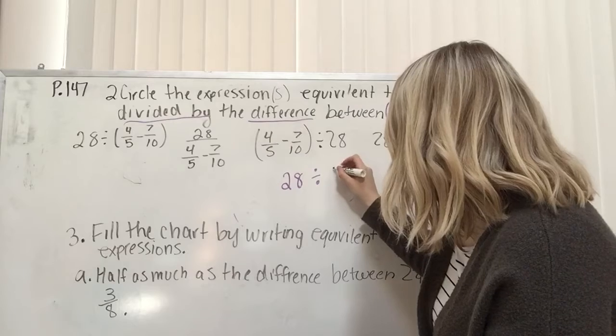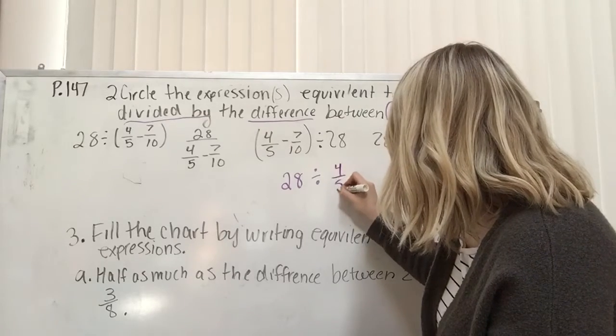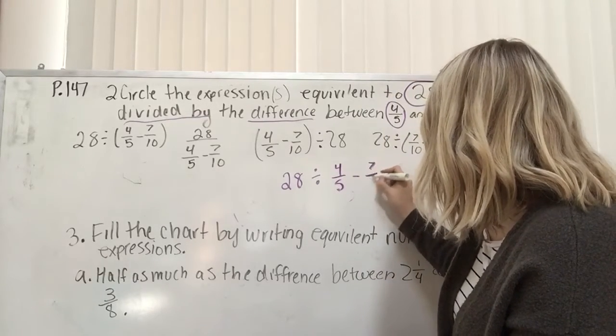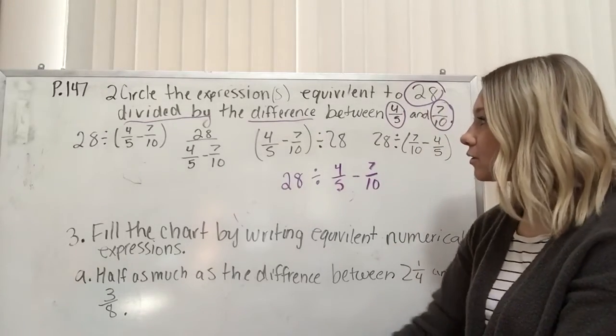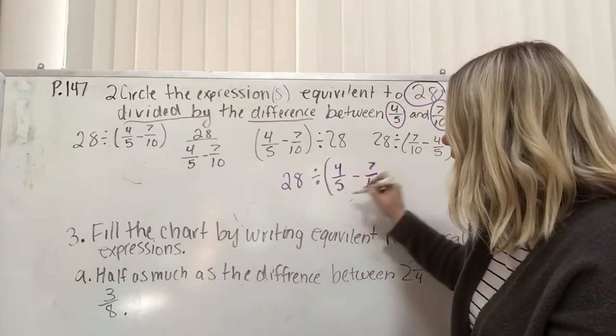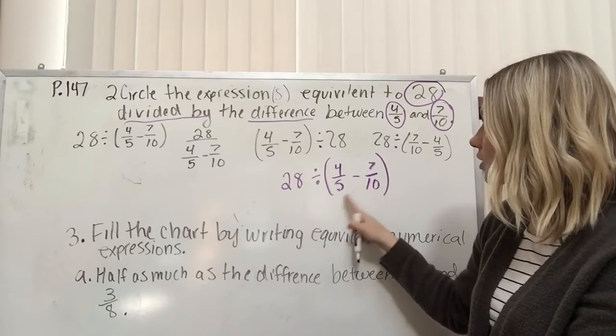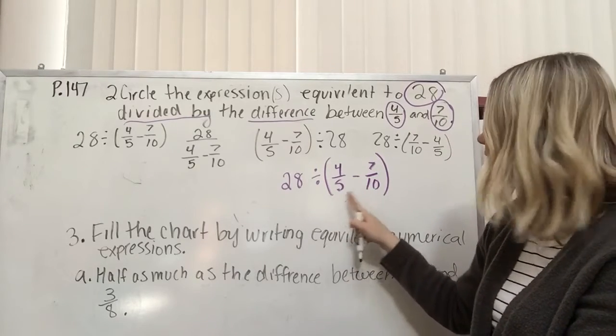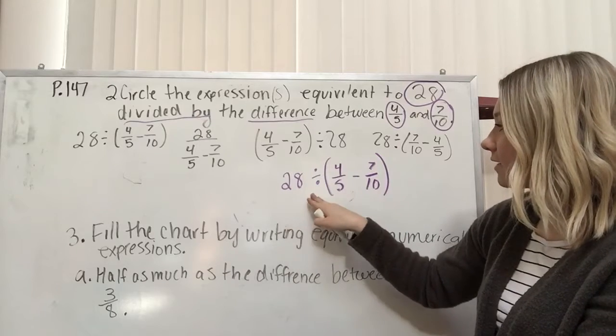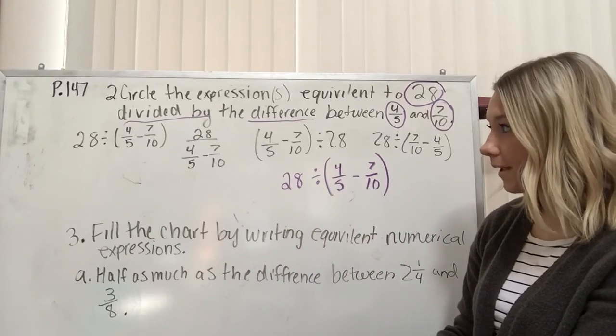So the difference between 4/5 minus 7/10. I'm trying to find the difference between the two. And then I know that parentheses is going to go around this expression because I have to find the difference first and then divide. Okay?